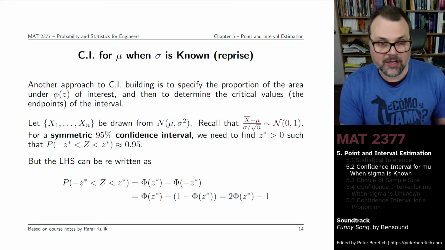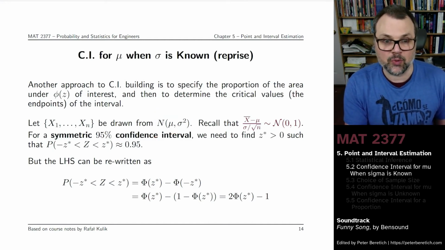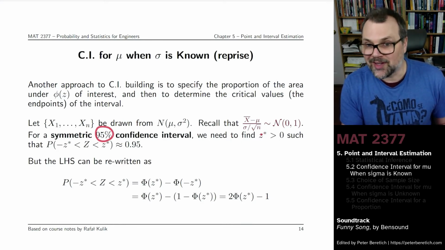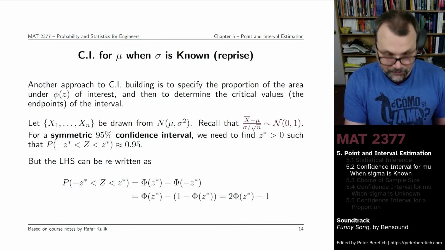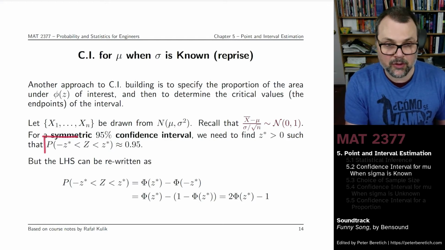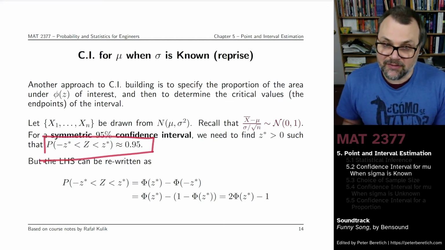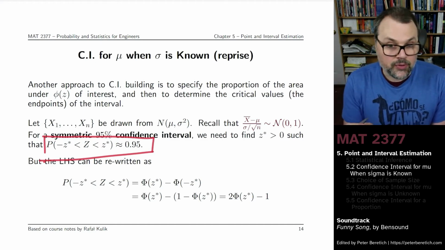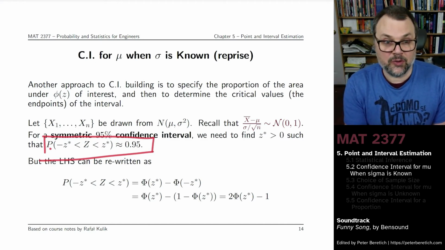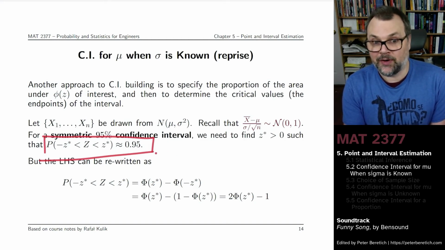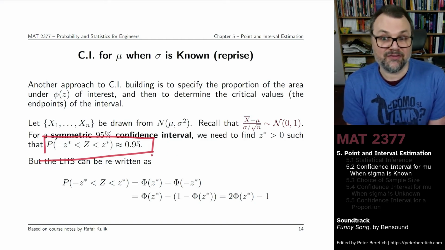And if you want to build a specific confidence interval, which will be 95%, you need to find the critical point z star, which will guarantee that the area underneath the curve between minus z star and z star is 0.95. Now we've computed that if you go between -2 and 2, you get an area under the curve of 95.5%.